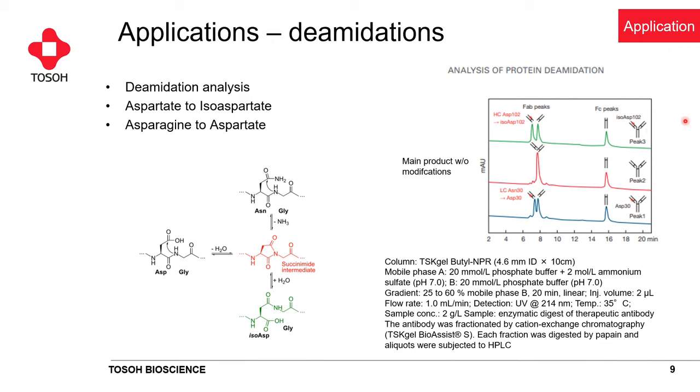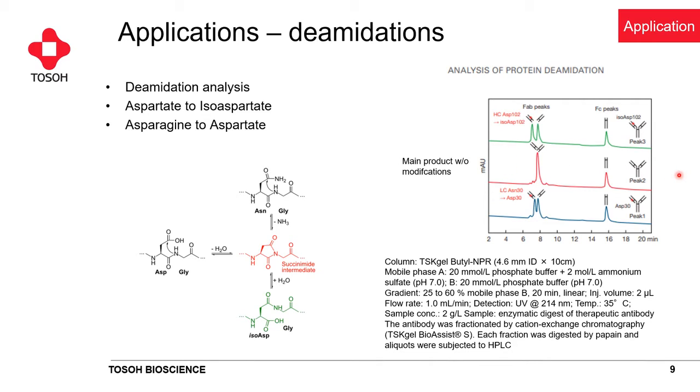Now, if we run those digested antibodies on a HIC column, what we find, shown here on top, is that if we have our modification on the heavy chain, we will have two peaks where we expect our Fab part to elute, the earlier one being less hydrophobic, the modification into an isoaspartate.